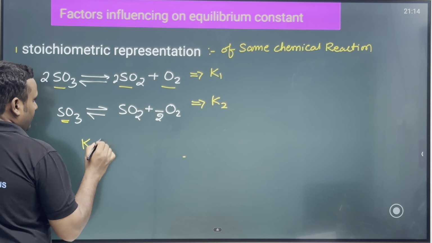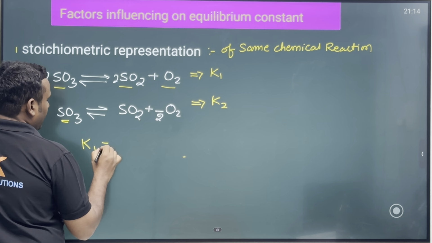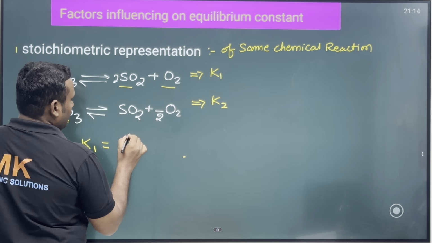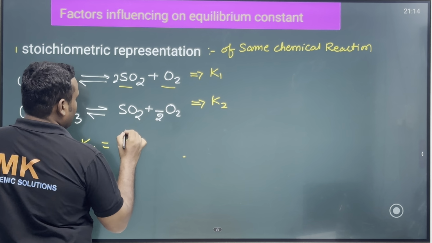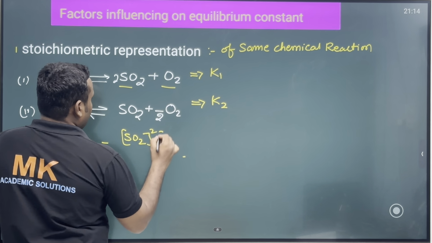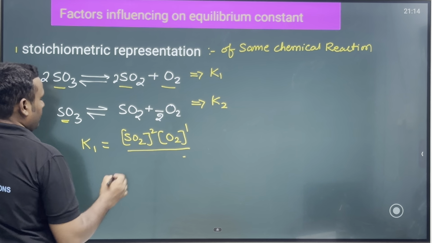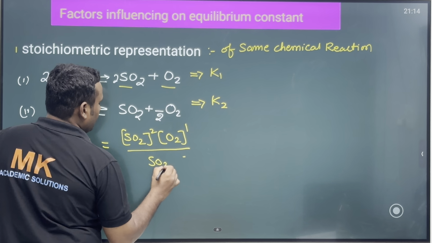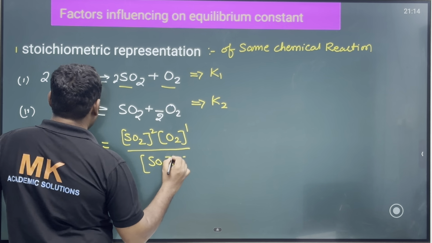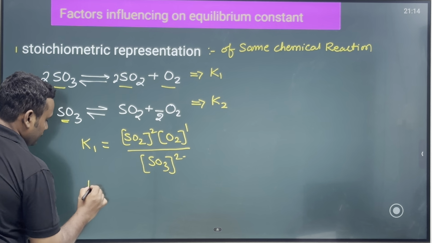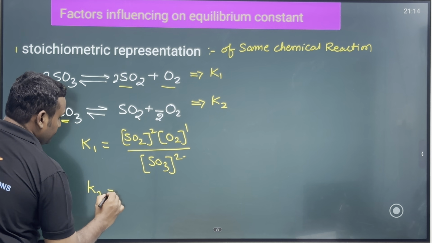K1 is equal to SO2 square into O2 power 1 by SO3 square.